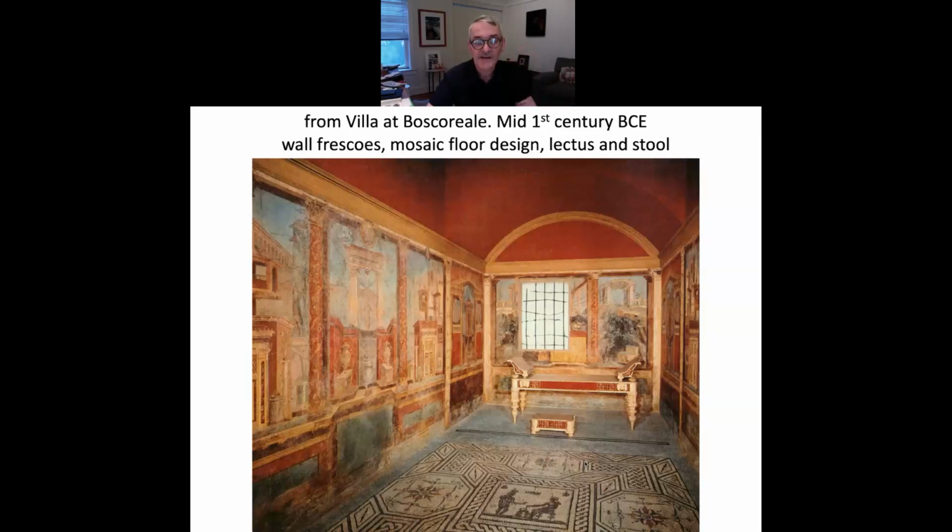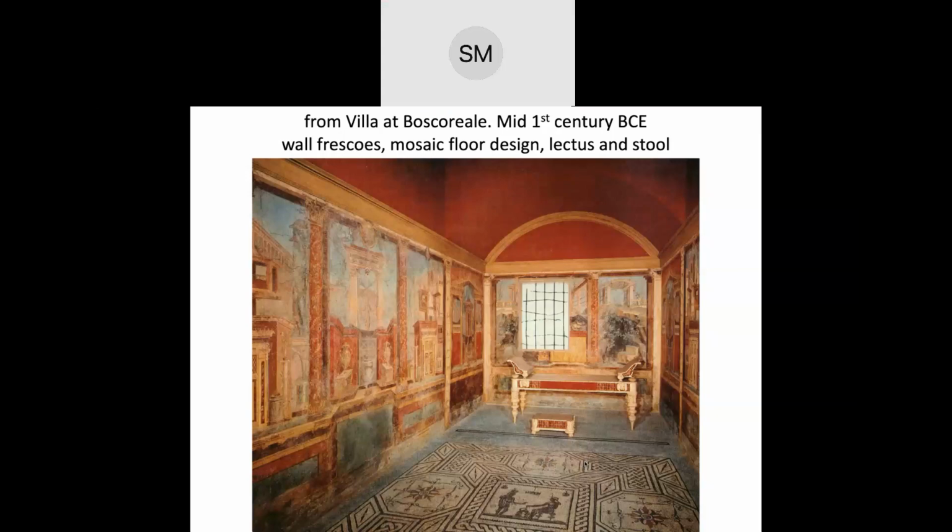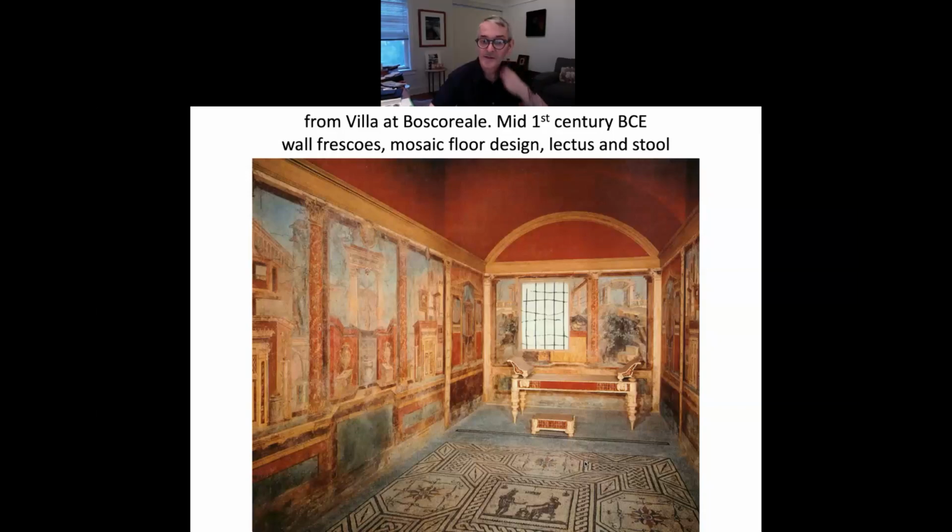As it dries, the painting really becomes part of the surface of the wall. So fresco painting is used a lot in architectural painting because it's not separate from the architecture. It just becomes a part of the architecture.